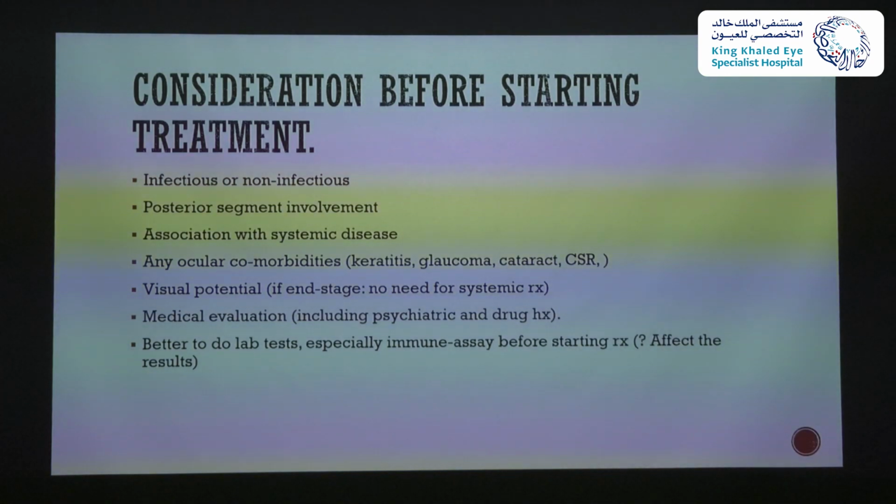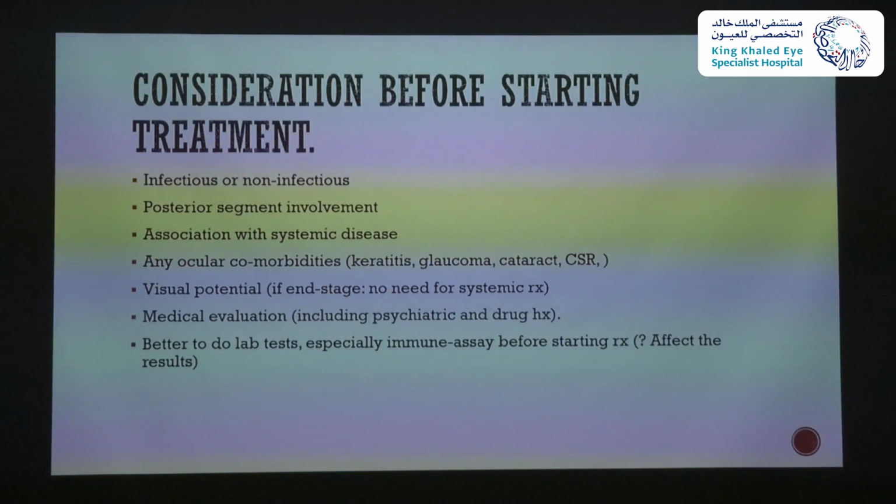Now, to the treatment, some considerations should be taken before starting treatment. We should first know whether this uveitis is infectious or non-infectious. We should know also if there is any posterior segment involvement, because this will decide the type of steroid that will be used.